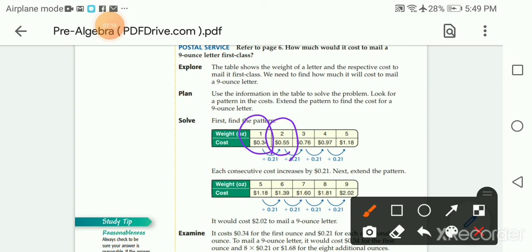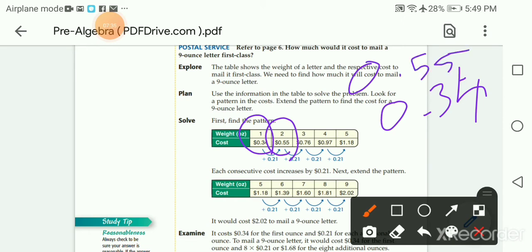So the first step is to take the two consecutive numbers, 0.34 and 0.55, and know the relationship between them.